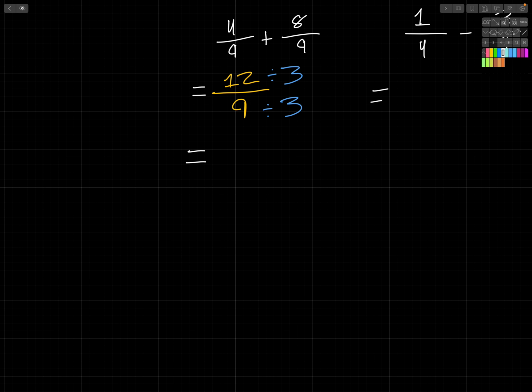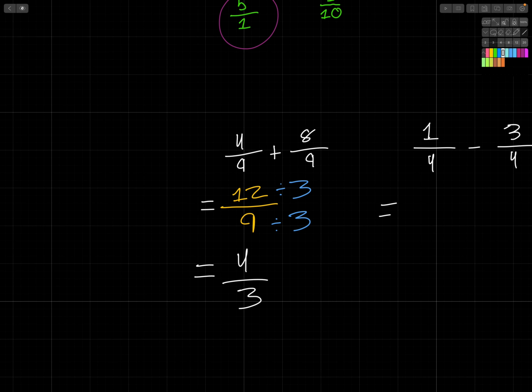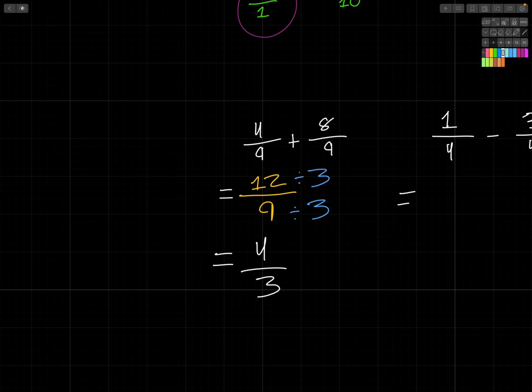So 12 divided by 3 is 4, and 9 divided by 3 is 3. So now you get your answer, which is 4 over 3. That is your answer. So once you complete your fractions, always check, can I simplify this further?